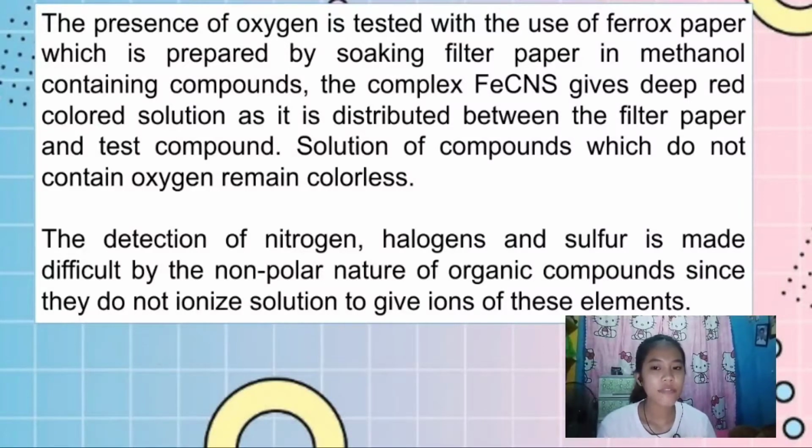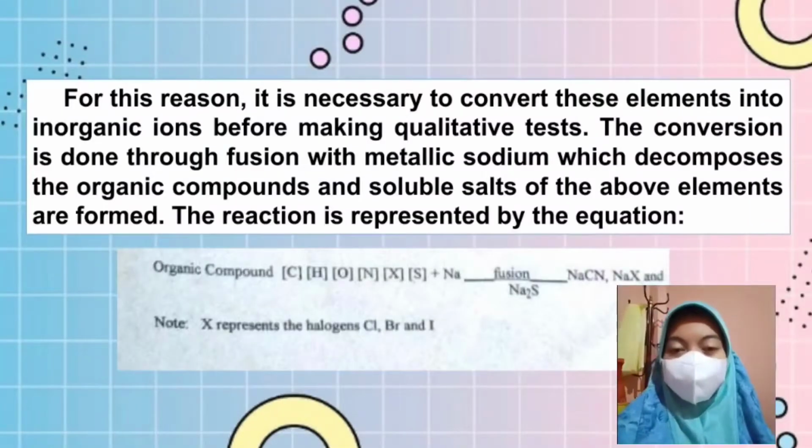The detection of nitrogen, halogens, and sulfur is made difficult by the nonpolar nature of organic compounds since they do not ionize in solution to give ions of these elements. For this reason, it is necessary to convert these elements into inorganic ions before making qualitative tests. The conversion is done through fusion with metallic sodium, which decomposes the organic compounds, and soluble salts of the above elements are formed.